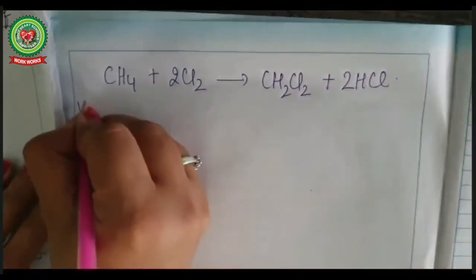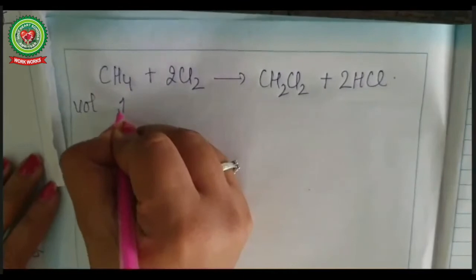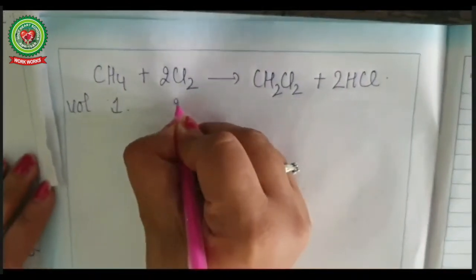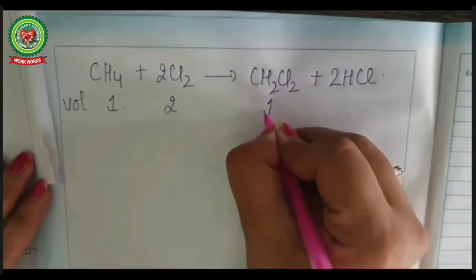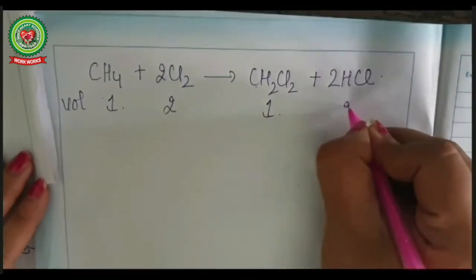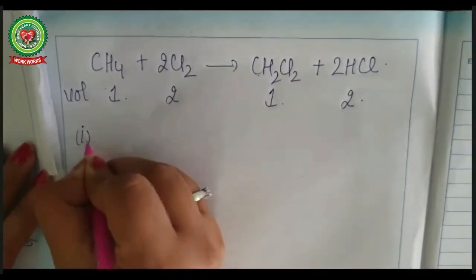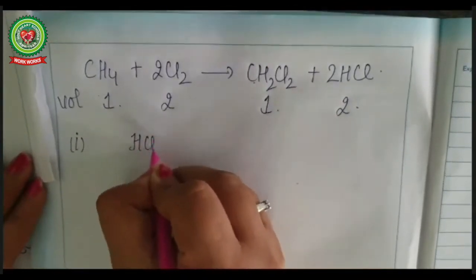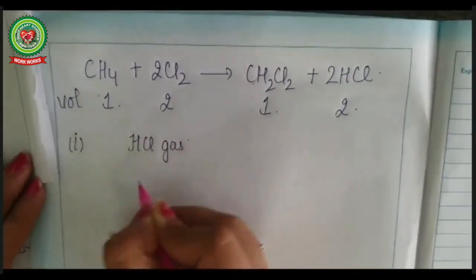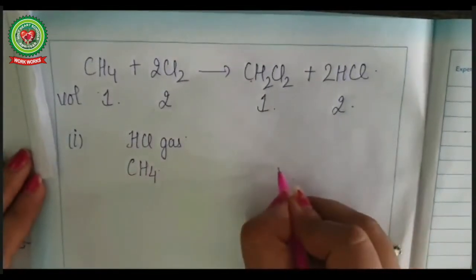So volume: CH4 1, Cl2 2, CH2Cl2 1 and HCl 2. So in the first part, we had to calculate HCl gas. So we are going to consider CH4 and HCl.